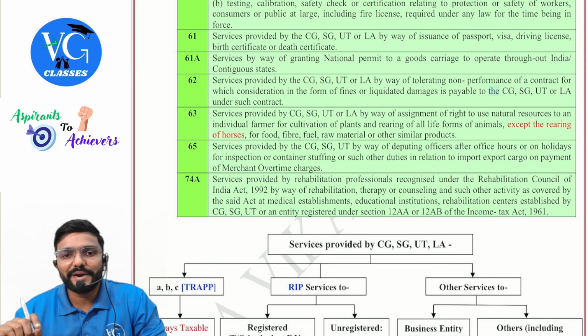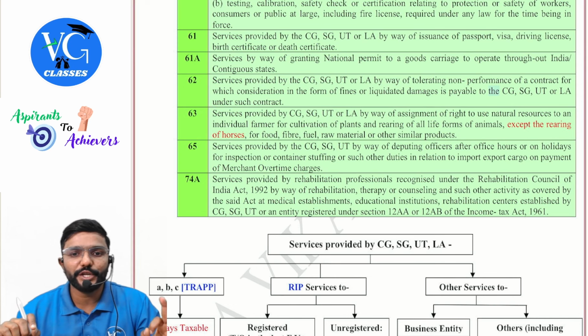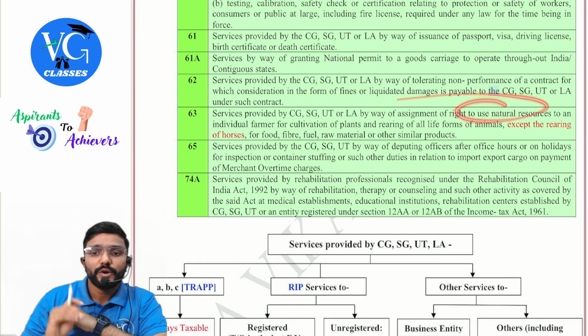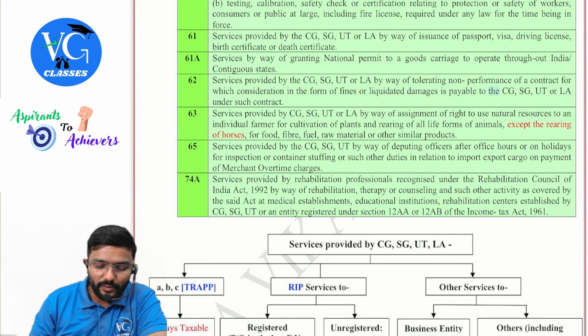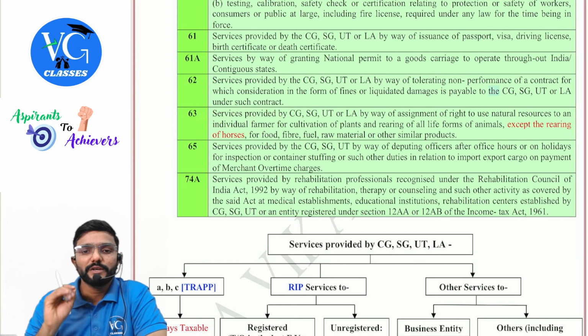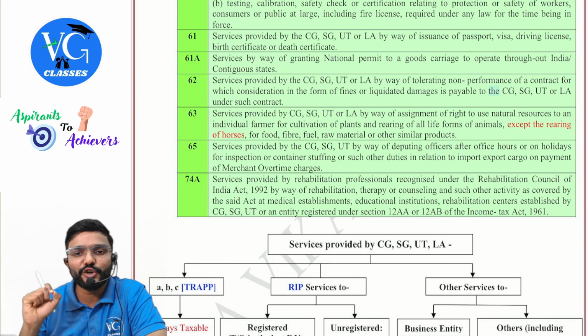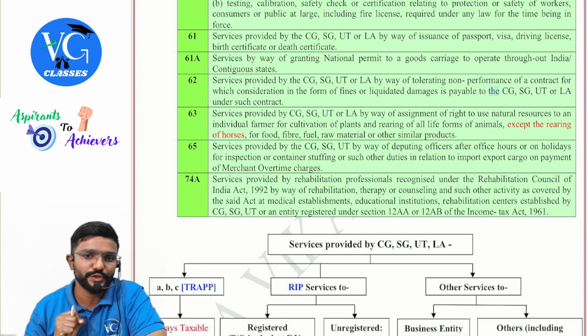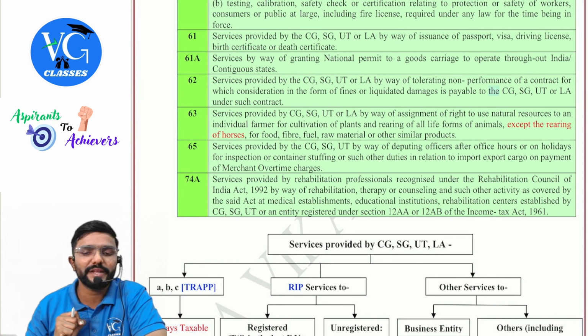63. Services provided by central government, state government, union territory or local authority by way of assignment of right to use natural resources to an individual farmer. Who is the recipient? Individual farmer. For cultivation of plants and rearing of all life forms of animals except rearing of horses, for food, fiber, fuel, raw material or other similar products.